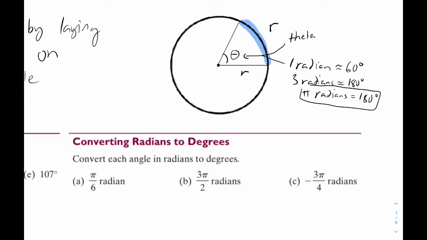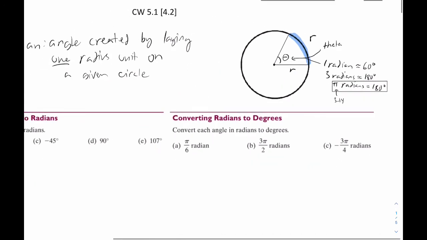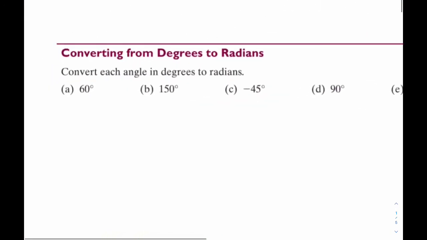So in terms of studying, this is the one that's crucial, we must understand. And then these two are just the concept behind it. So remember, pi is roughly 3.14, and that's why we say 3 radians is approximately 180, whereas pi radians, that's exactly 180 degrees.